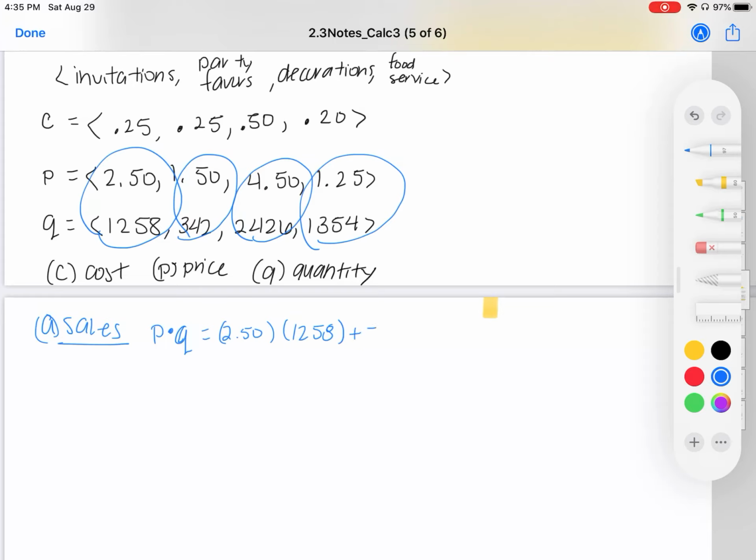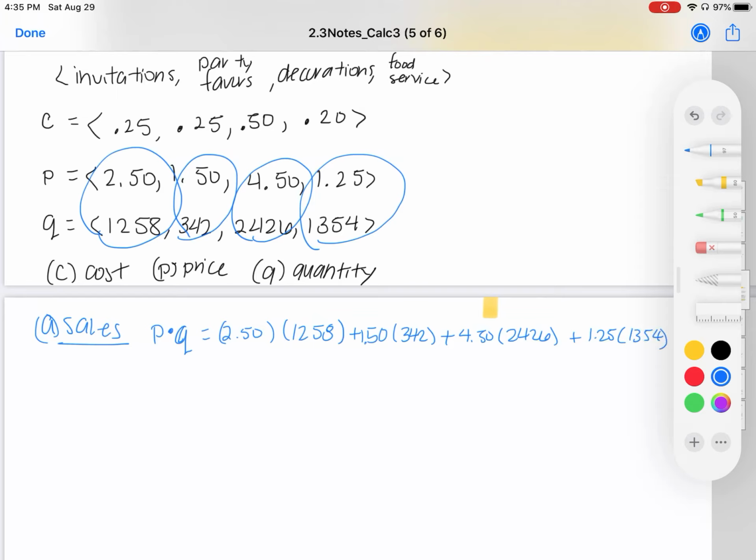Plus $1.50 times 342 plus 4.50 times 2,426 plus 1.25 times 1,354.